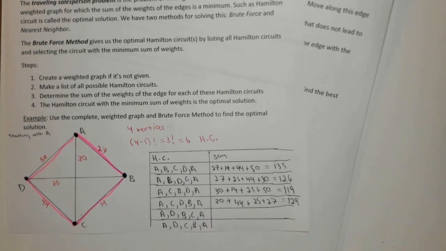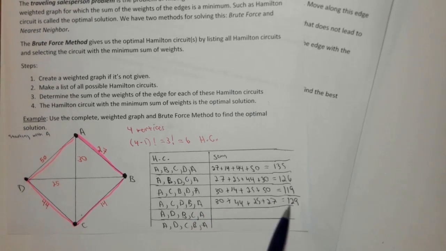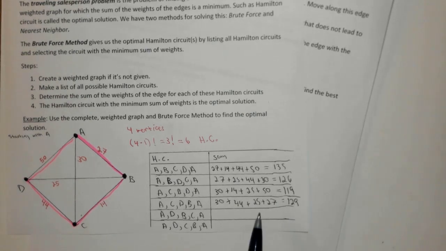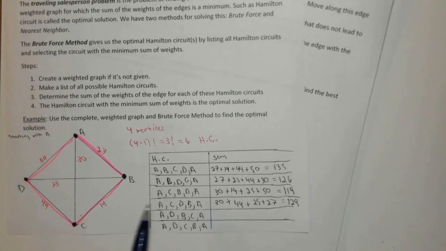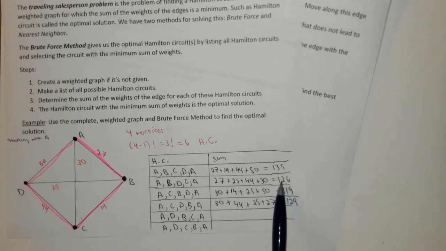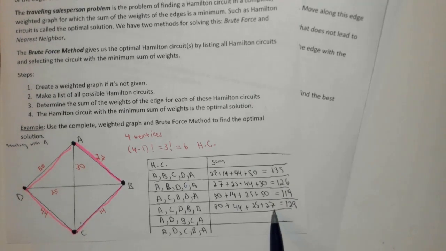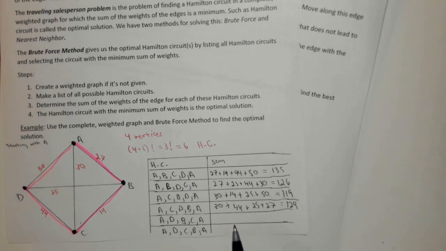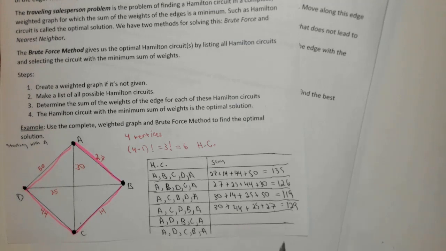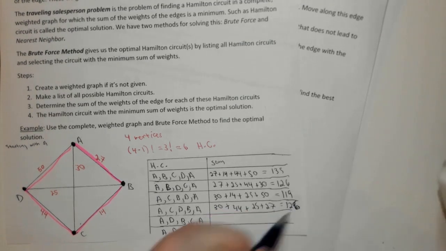I'm thinking there's a mistake somewhere. I should be seeing some repeats. So ACDBA, it should be the same as this. So let me double check, make sure I did this correct. 27 plus 25 plus 44 plus 30. That's correct. Let me double check this. Oh, I think I know what I did wrong. I think I did 33 instead of 30.